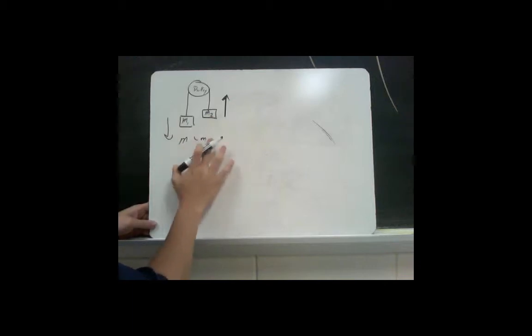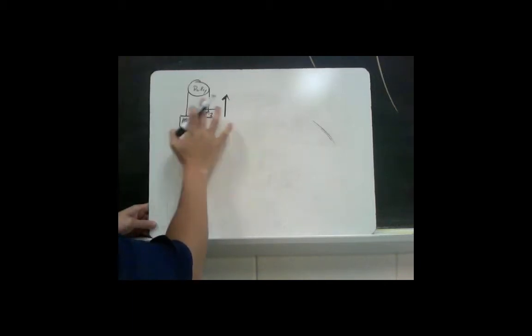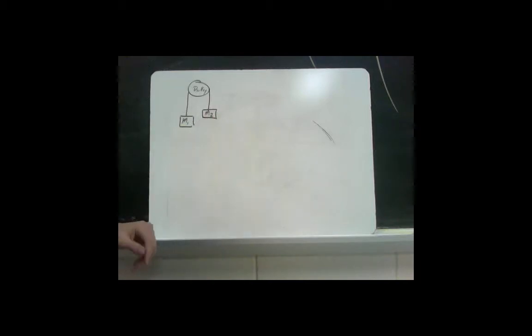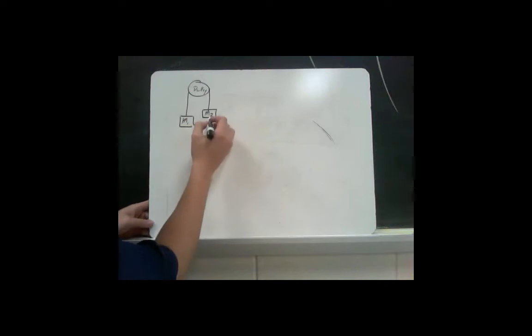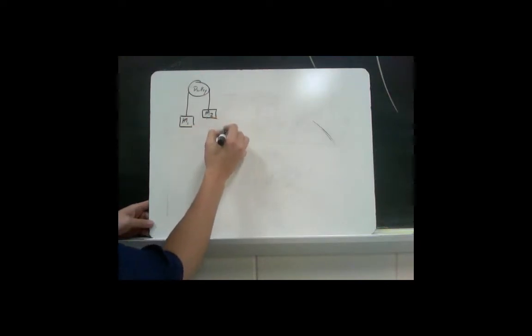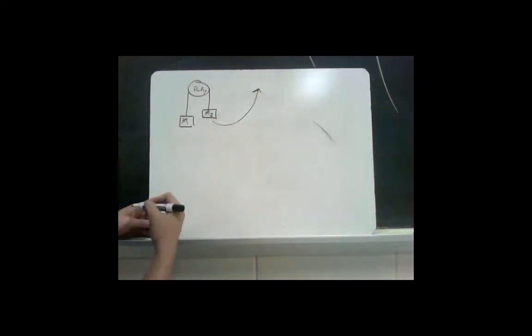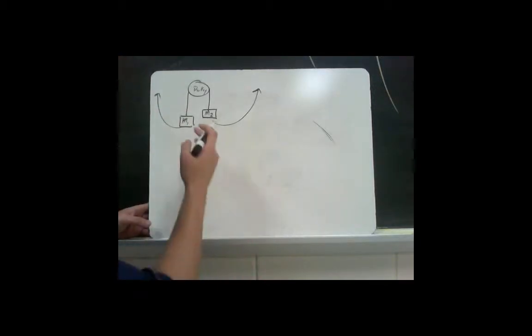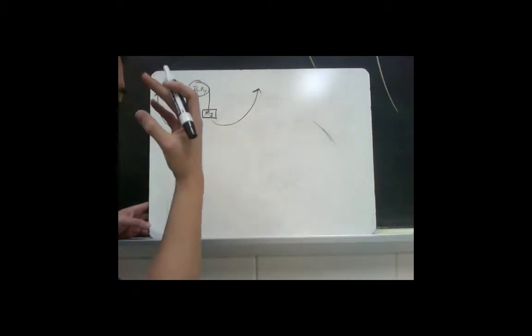Okay. Now, when we solve these Atwood machine problems, I want you to set up the pulleys so that it lies in a horizontal direction. Now, what I mean by that is I want you to swing everything up this direction, and I want you to swing everything up in this direction. Now, I don't mean to actually swing the masses on a pulley, but to imagine it.